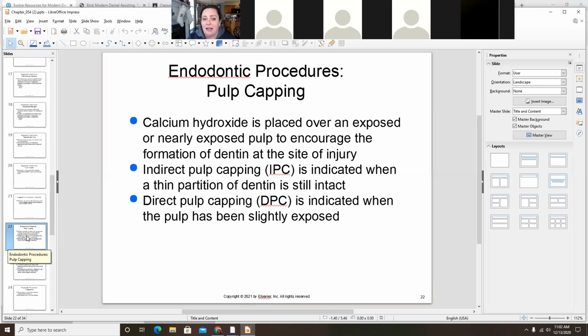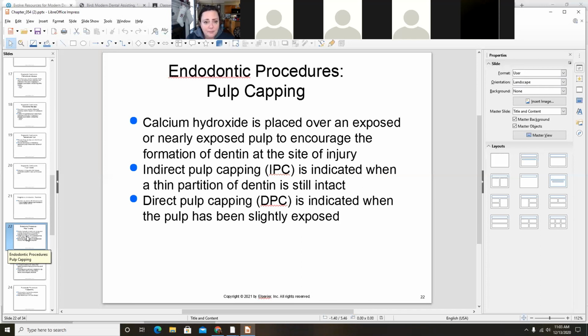And the hope is that the calcium hydroxide reformulates dentin in the area either where there's only a little dentin left or there's been pulp exposure, okay? And that's when we place that Dycal or calcium hydroxide, okay?